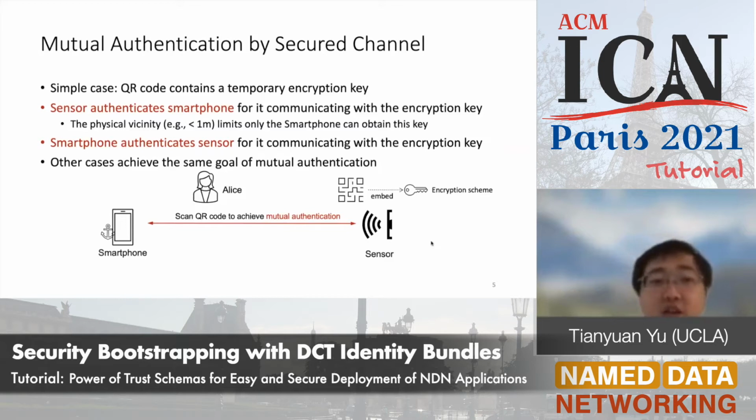On the other side, the sensor is also authenticated, because the smartphone can recognize that this sensor is communicating with it using the temporary encryption key pre-shared in the QR code. So the mutual authentication in this case between the smartphone and the sensor is achieved by the secure channel. Other mechanisms, like a public key or a URL to the manufacturer, will achieve the same goal of mutual authentication by securing channels.